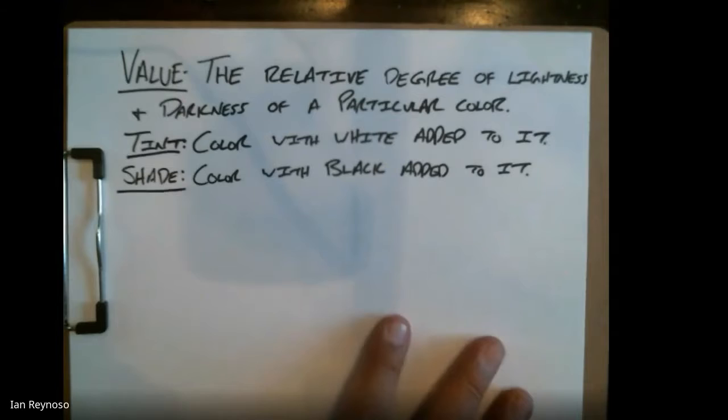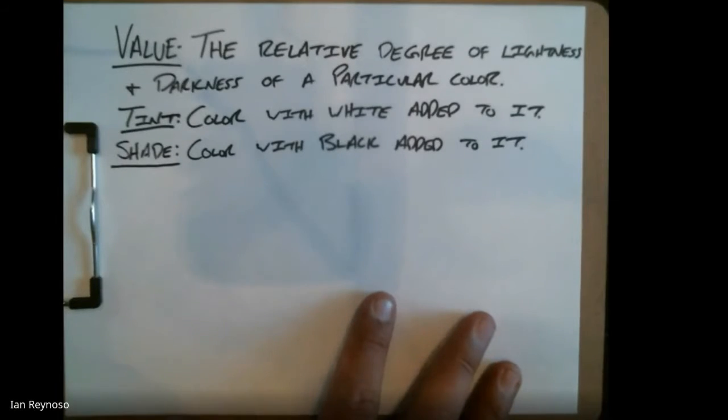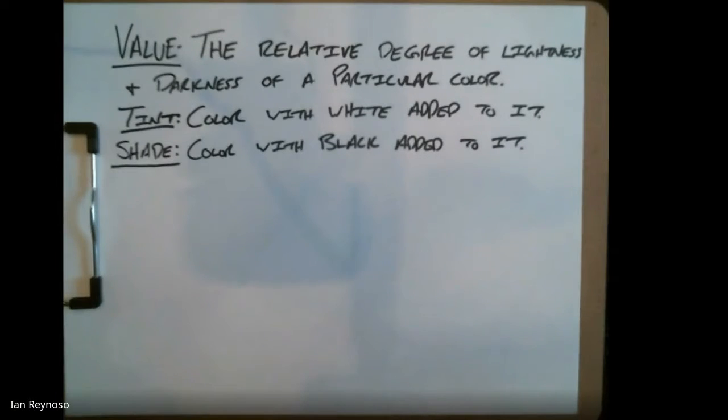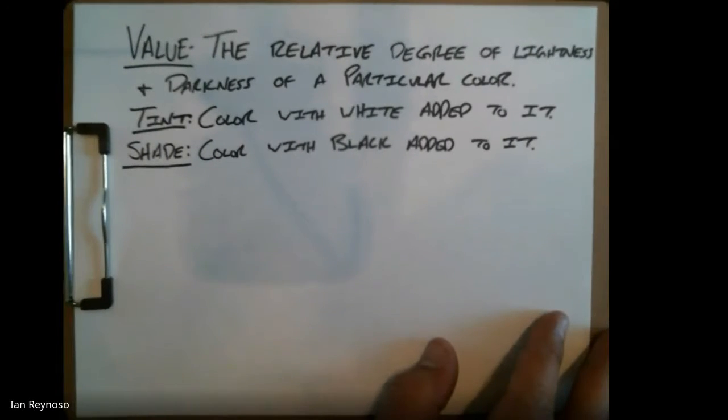Now I'm doing this in pen and Sharpie, but when I start drawing, we're going to be doing it in pencil, because pencil is the best way that we have to control the amount of value that we are putting onto our canvas.